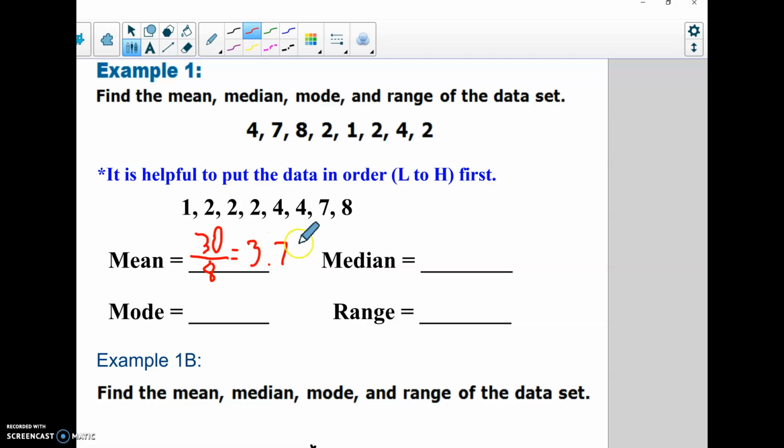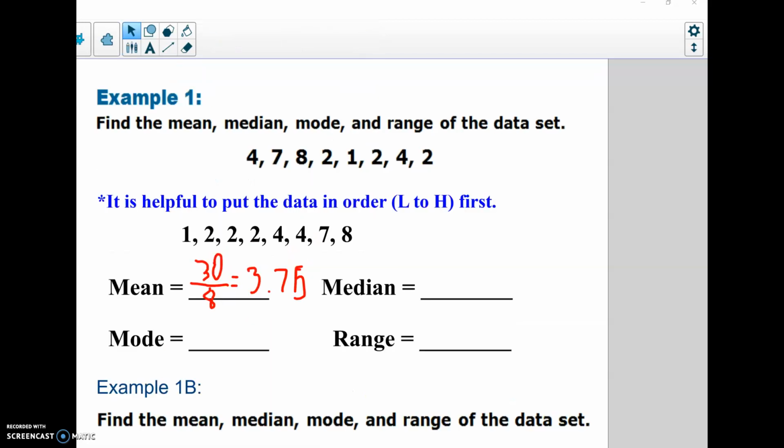Okay, the next is the median. So the median is the middle number. Since we have 8 numbers, there's not a number that's truly in the middle. It's between 2 and 4. Sometimes you can just tell what's right in the middle of 2 and 4, and I can tell that that would be 3.